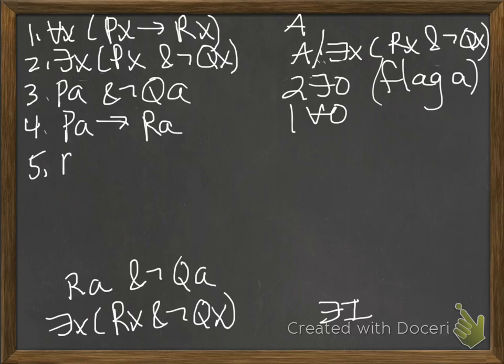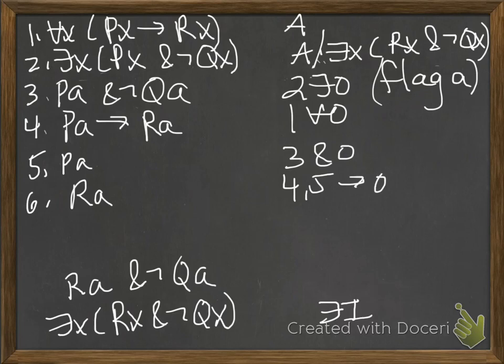First, we want to get Pa out of line 3 by 3 and out. Then we can use that Pa and the Pa arrow Ra to get Ra by 4, 5, arrow out. And so now we have half of what we want, the Ra and not Qa.